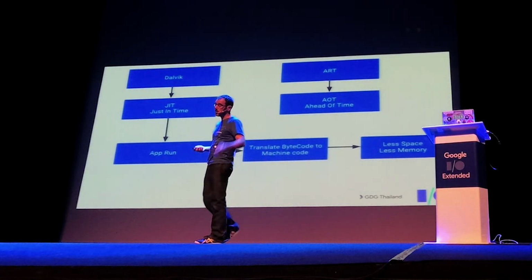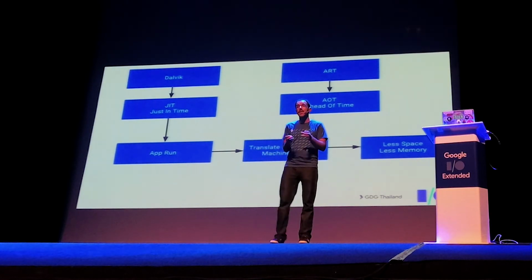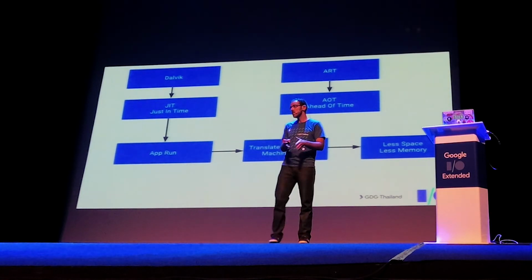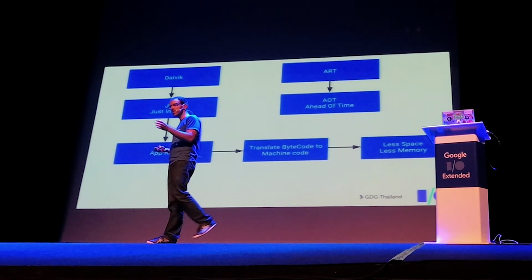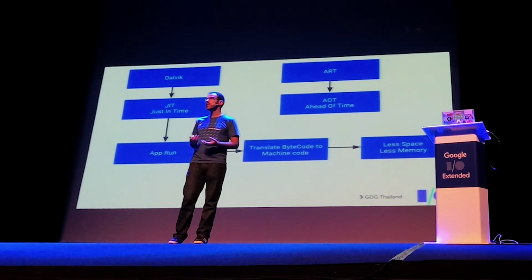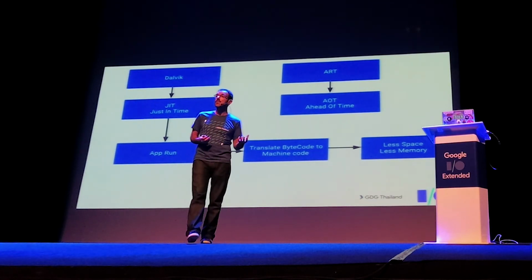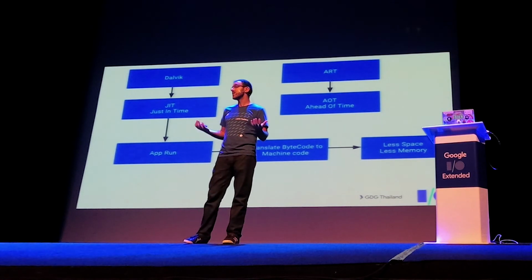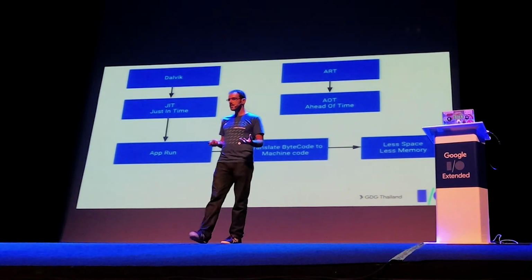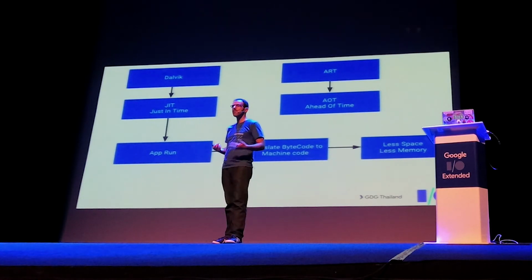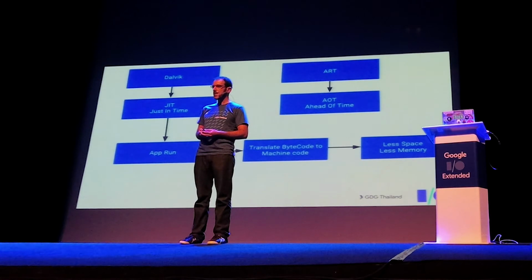If you remember from university maybe, it was working like when the app starts to run, we translate the bytecode to the machine code. And this was beneficial because it used less space and less memory. Okay? And it makes sense. Imagine 10 years ago, one small device, how can we execute one app fast. And this one was the best option.